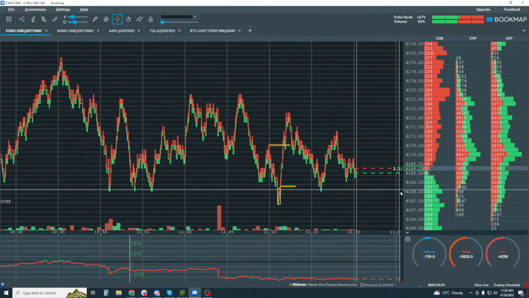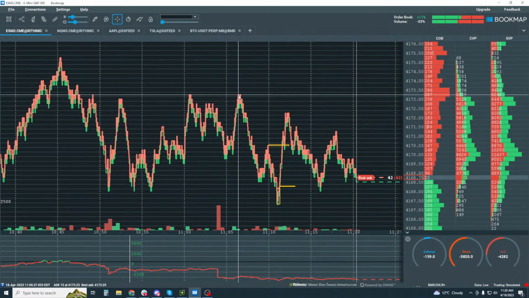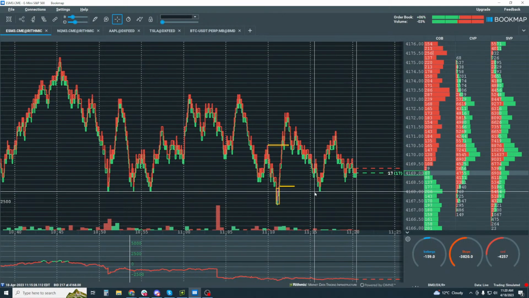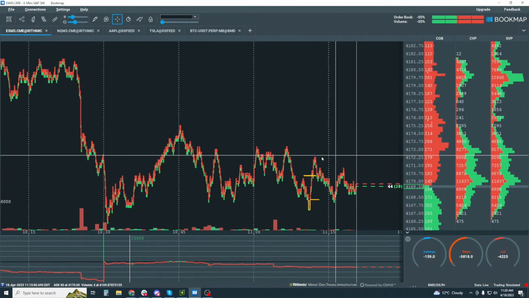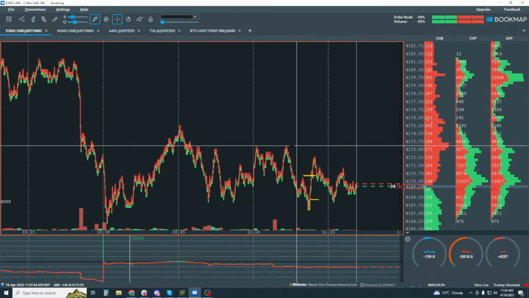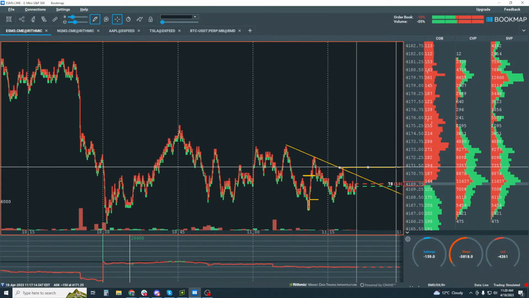See how the structure here, it's not looking good. We can't get above this swing here, and now we're making lower highs here, and kind of equal lows here. So structurally this looks bearish. Okay, so what we need to see structurally is this needs to break, this needs to break, right?